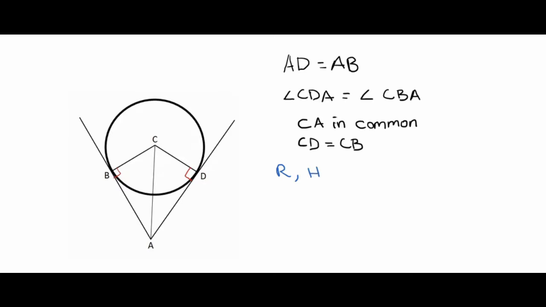Because angle CDA equals angle CBA, which equals 90 degrees, and the side CA is common to both triangles, which is the hypotenuse, and the length CD is equal to the length CB, as both are radii of the same circle, we can deduce that the triangle CDA is congruent to the triangle CBA. So corresponding sides are of the same length, and so AD is equal to AB.